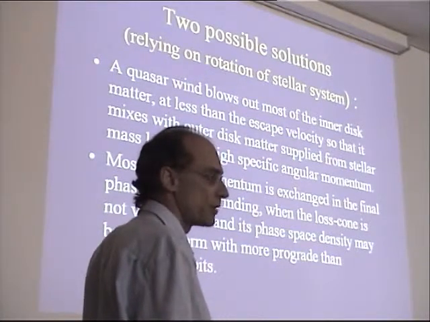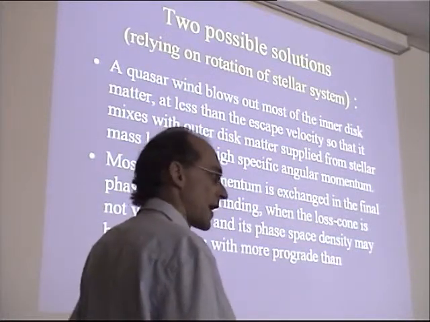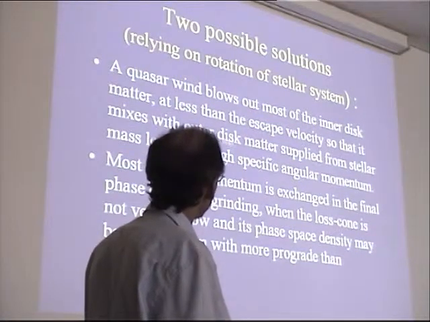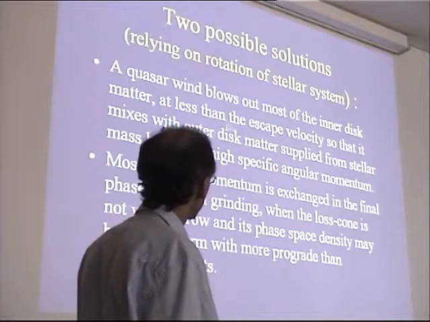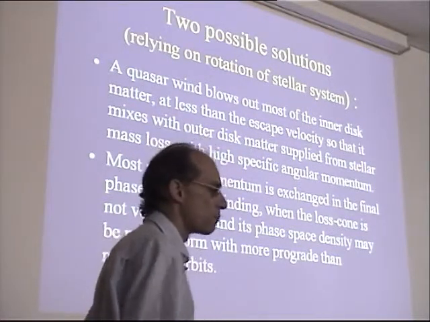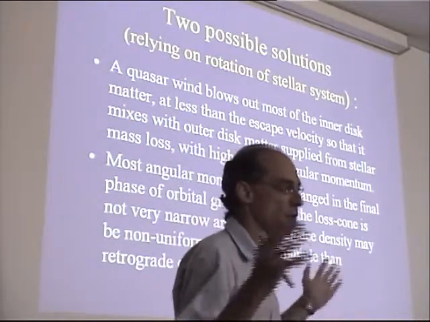So you have a wind model with a kind of recycling of the gas. It's blown out and then falls back at larger radius. The effect this would have is that it would mix matter coming from the stars with outer disk matter. Then what you have to have is that a small fraction of the accretion rate comes from a more extended disk.